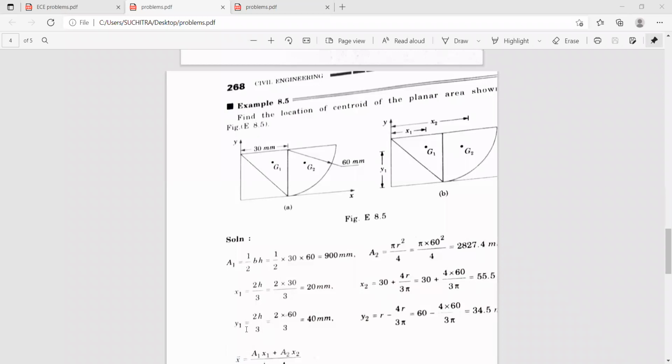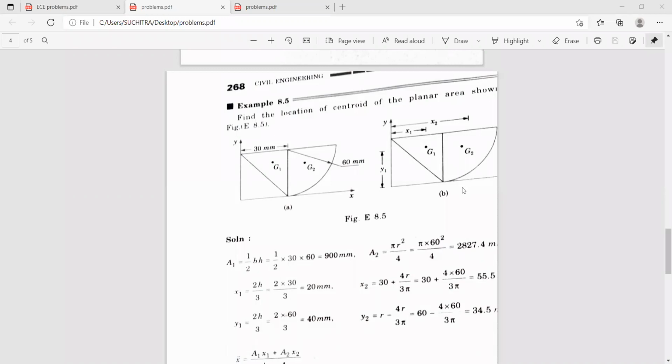Similarly, we have to find y1 and y2. Y1 is measured from this point to this height. This height is 60 millimeters, and the centroidal distance of the triangle along its height is h by 3 from the base and 2h by 3 from the apex. Hence y1 is 2h by 3, that is 2 into 60 by 3, which works out to be 40 millimeters. Similarly y2 is this height.